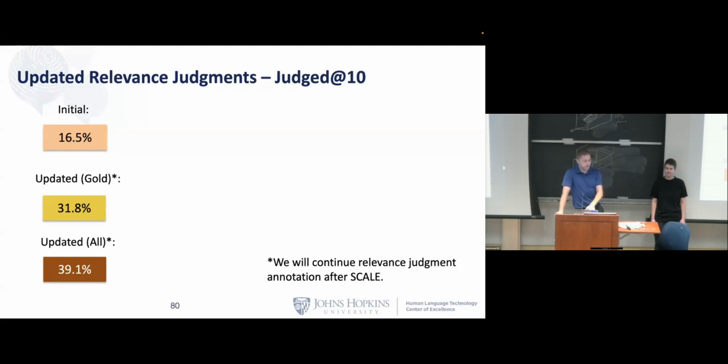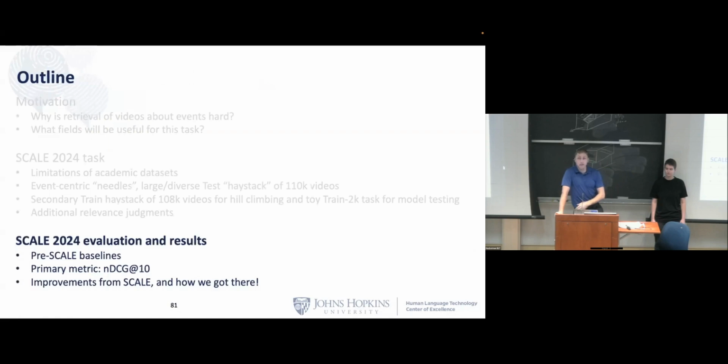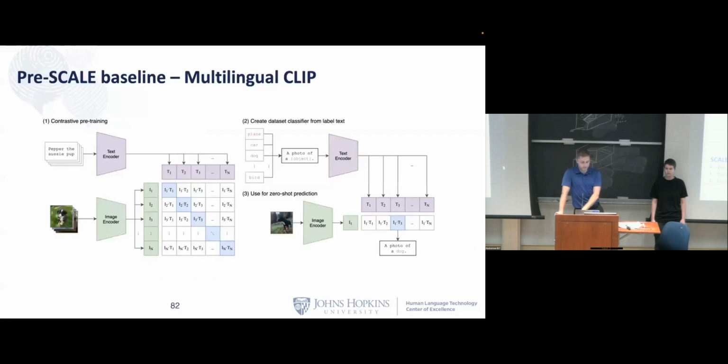So we would want to get closer to 100 here, and we went from around 16% annotated to close to 40%. All right, so that's how we set up the task, and we tried to make it harder and more meaningful, so that any models that came out of SCALE, we were more confident that they actually answered the problems that Kate laid out. So now I'll go through the evaluation.